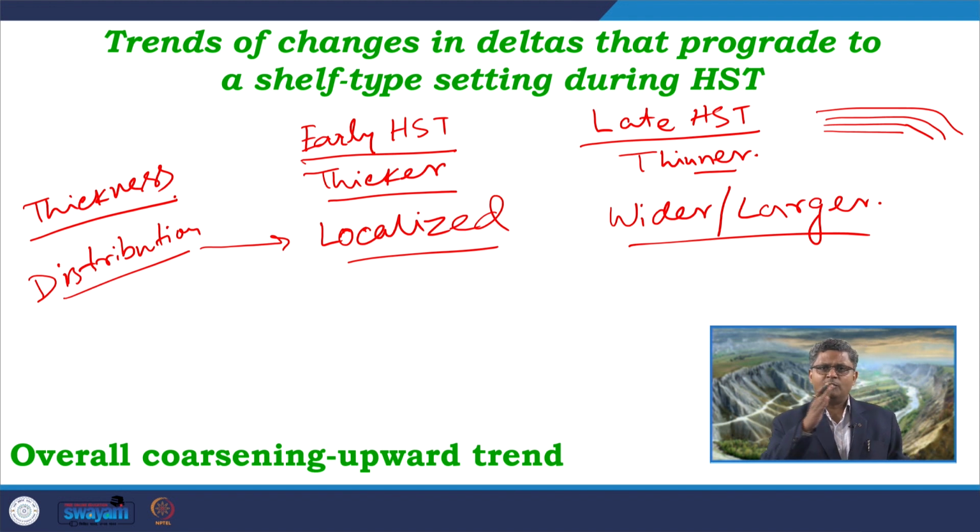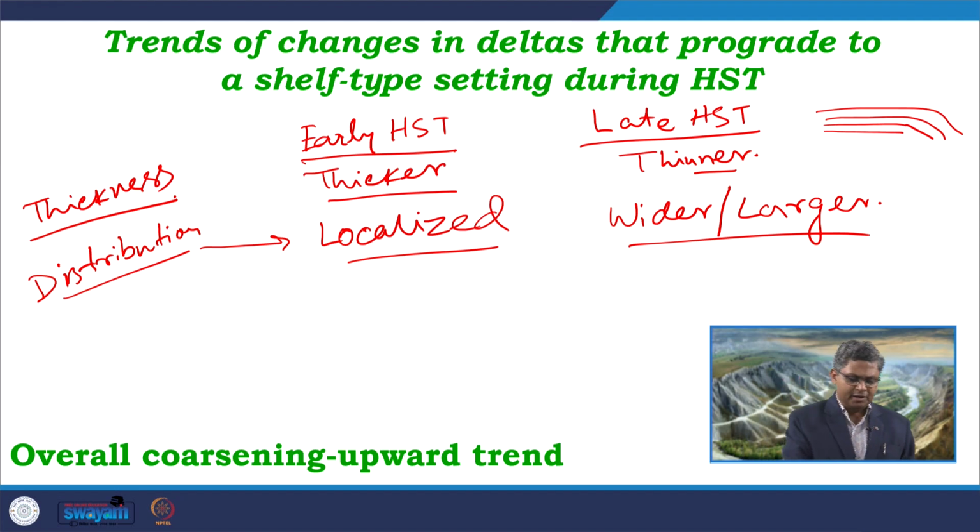With time, from early HST to late HST, we can get a well developed delta during the late HST phase. During the early HST phase, the delta plain will be more developed with respect to the delta front area.